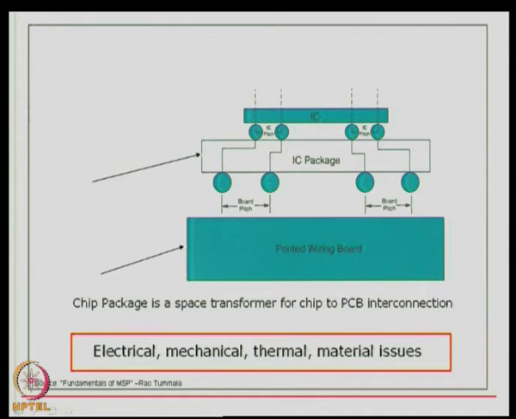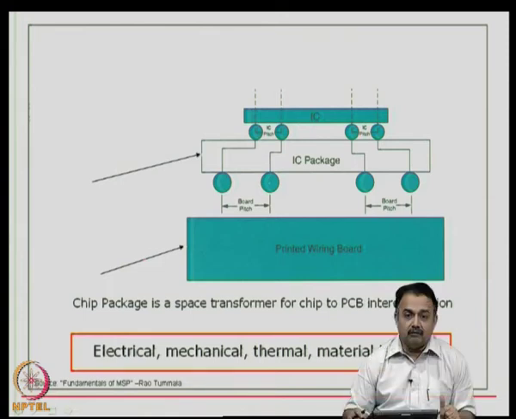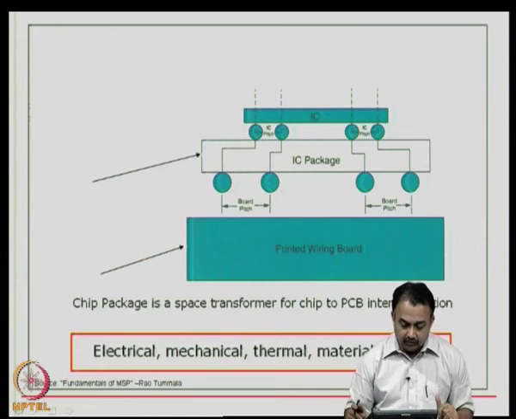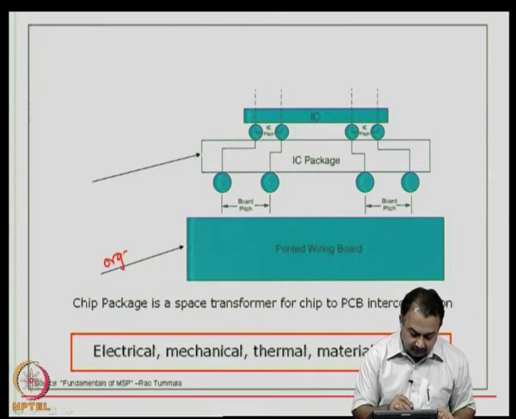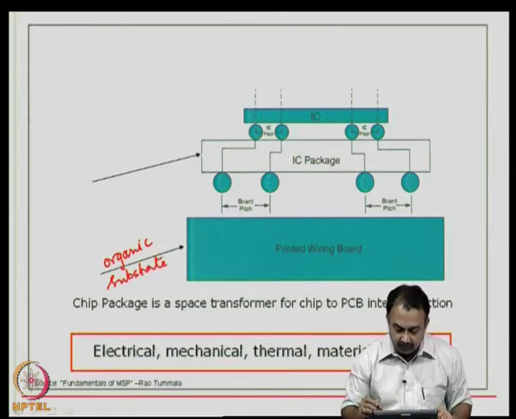This is another slide that talks to you about the same point, that is, chip package is a space transformer for chip to PCB interconnection. Now, if you look at the arrow here, this is typically, for example, an organic substrate that you can think about, a system level printed wiring board.